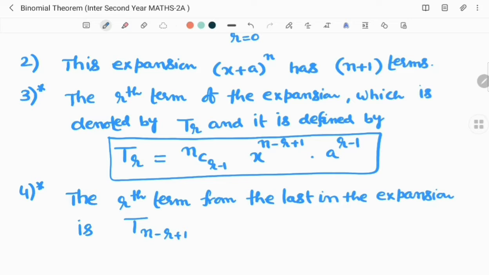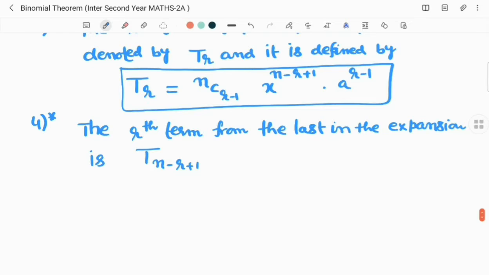How to remember: whatever you have as x power in this T_r, you can write that as T_(n-r+1). This is called the rth term from the last in the expansion. They will ask, find the seventh term from the last in the given expansion. You can apply this formula to get the answer.